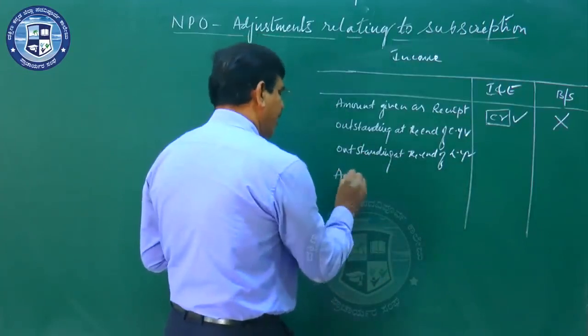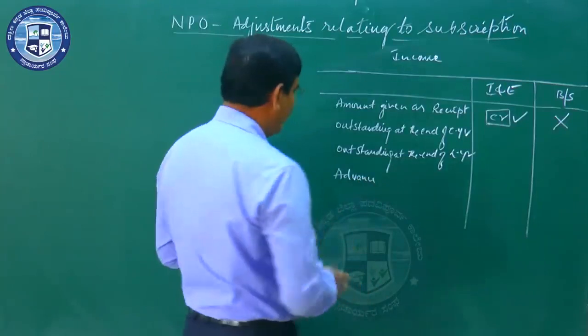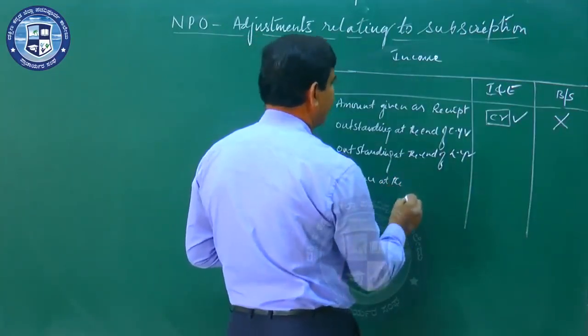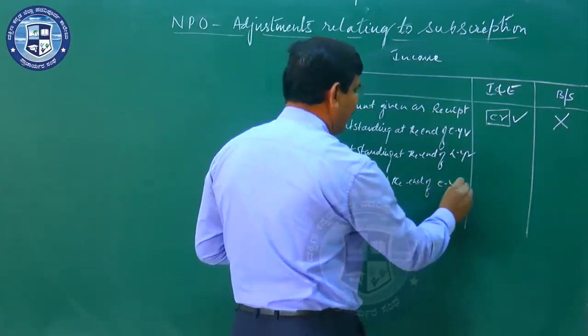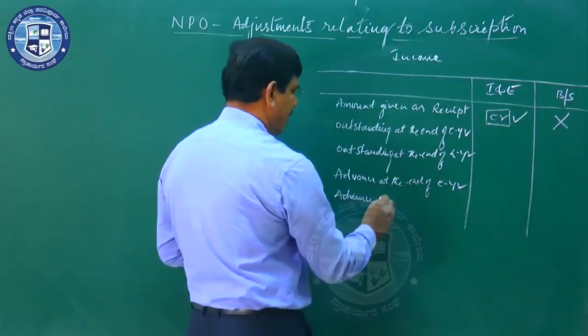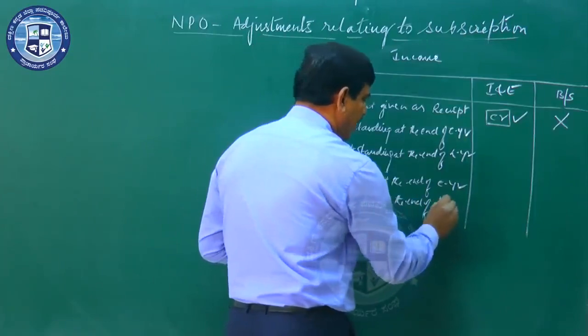And there will be adjustments of advances or prepaid. So advance subscription at the end of current year, there will be advance subscription at the end of last year.